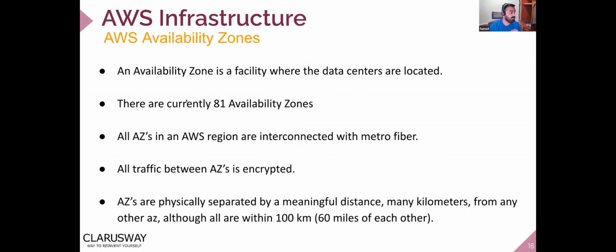There are currently 81 availability zones within the whole AWS structure. All availability zones in an AWS region are interconnected with metro fiber to have high response time and low latency. All traffic between availability zones is encrypted. Availability zones are physically separated by a meaningful distance, many kilometers from any other availability zone, although all are within 100 kilometers, which means 60 miles, of each other.